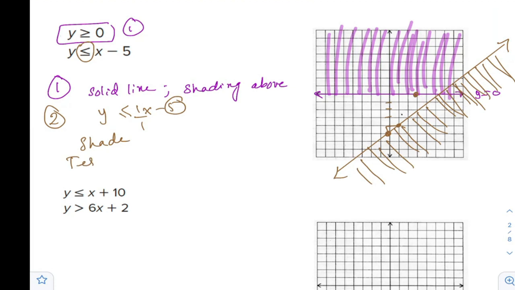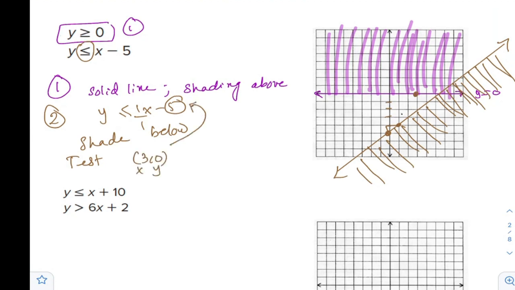Let's check whether our guess was correct. Our test point will be 3 and 0. Let's replace here. This is your x, this is y. So y less than or equal to 3 minus 5, 0 less than or equal to -2. This point gives me a wrong inequality. That means I will not shade above the line. I will shade below the line. And this is what I have done.